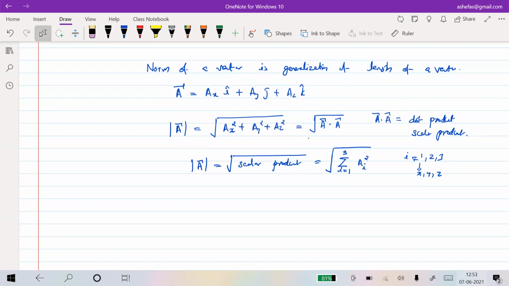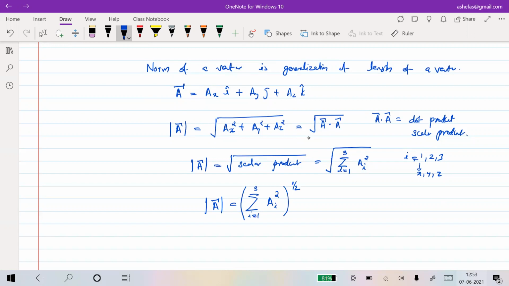So this is a very simple notation. In very compact form, the length of a vector in 3-dimensional vector space is the sum over i equal to 1 to 3 of ai square, where ai is the ith component, all raised to 1 by 2.